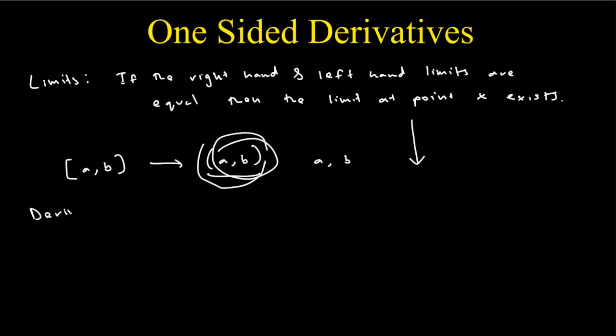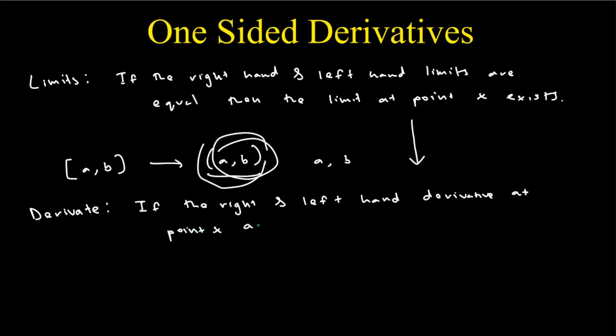So our analogous definition is if the right and left hand derivative at point x are equal, then the derivative exists at point x.